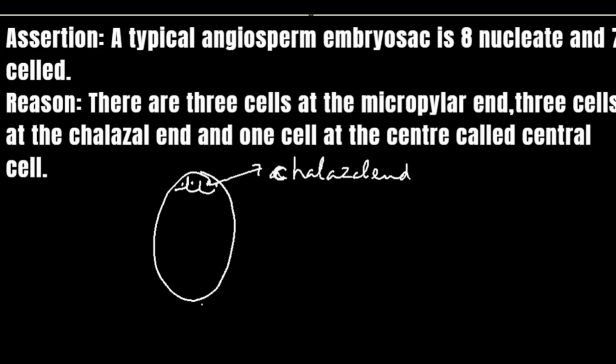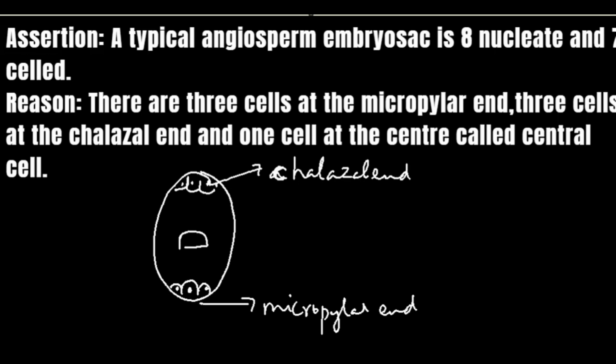Then at the micropylar end, also there are 3 cells, 2 synergids and 1 egg cell. That is also each having 1 nucleus.